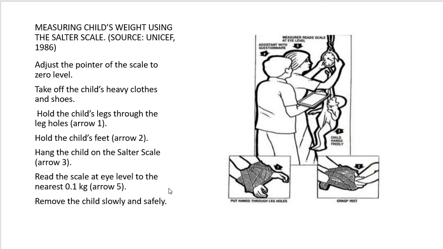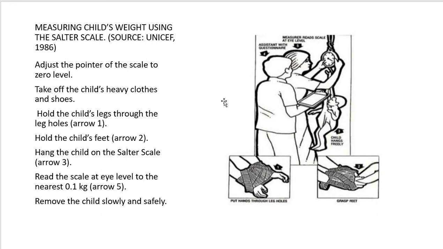Here we can see measuring the child's weight using the Salter scale. In the bottom left picture is the first one, then the right side is the second one, and the top one is the third picture. So one has to first adjust the scale to the zero level, whichever machine it may be.